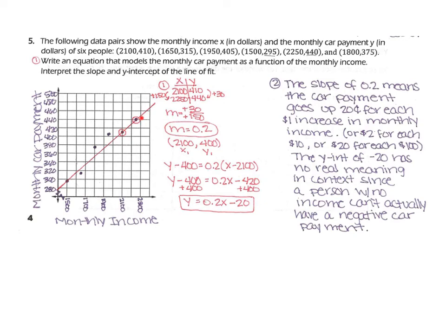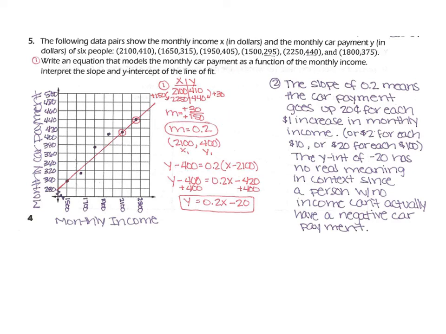I chose to go through these 2 data points. If you would have picked 2 different points on that line, you might have gotten an equation that was a little bit different. But your m should have still been positive, and your y-intercept should have been somewhere between, like, I don't know, 50 and negative 50, but probably close to 0, between 0 and negative 20.